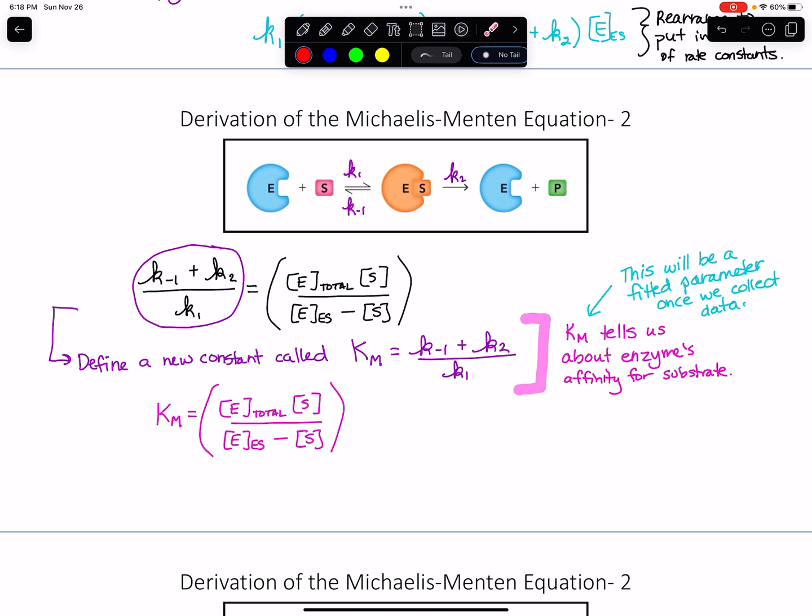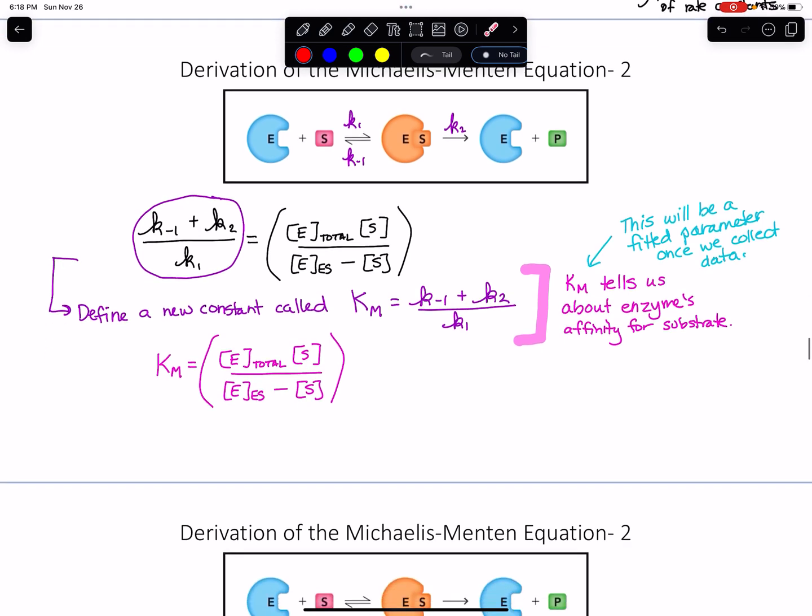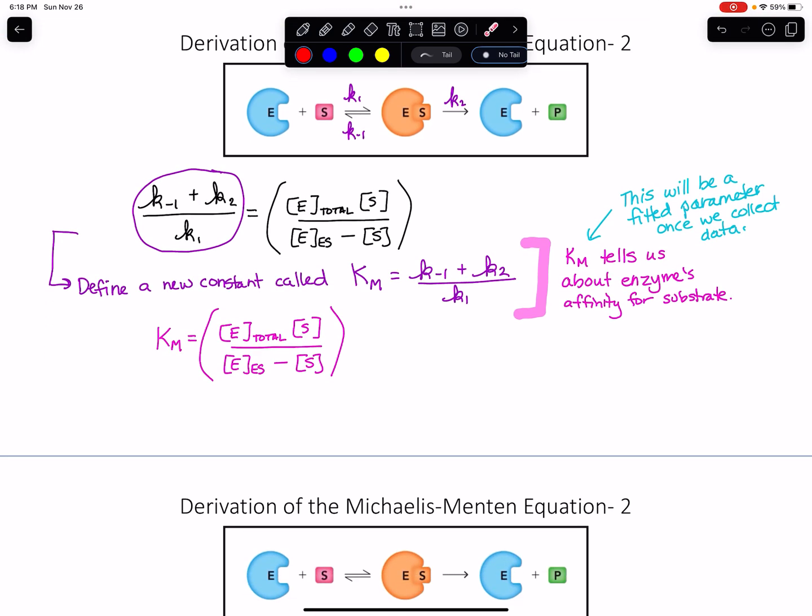What we don't know is this enzyme substrate complex term. So again, our next goal is to get rid of this enzyme substrate complex term and put it in terms of things we can measure in the lab.